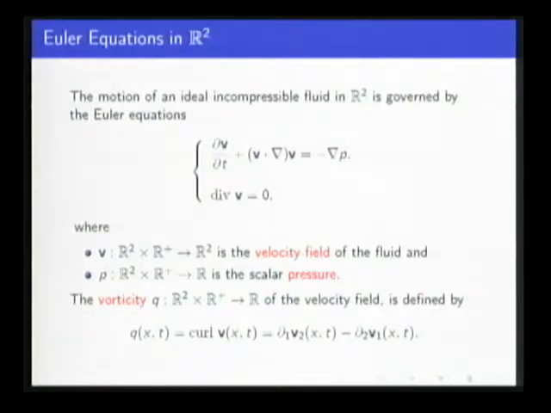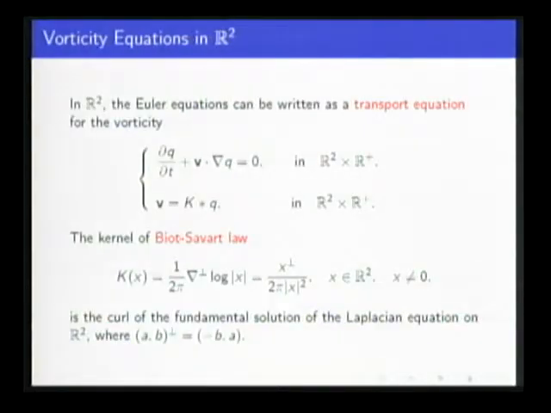If you take the curl of the Euler equations, we obtain in R^2 that the Euler equations can be written as a transport equation for the vorticity, where we can recover our divergence-free velocity using the two-dimensional Biot-Savart law, where here K is the curl of the fundamental solution of the Laplace equation.